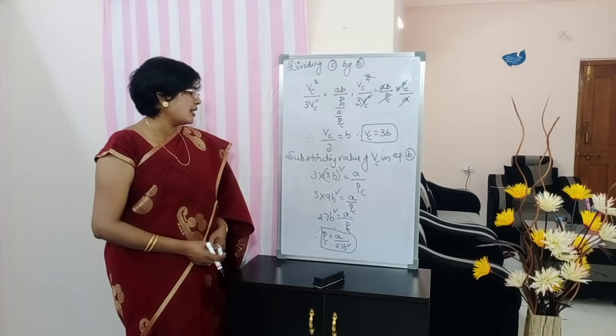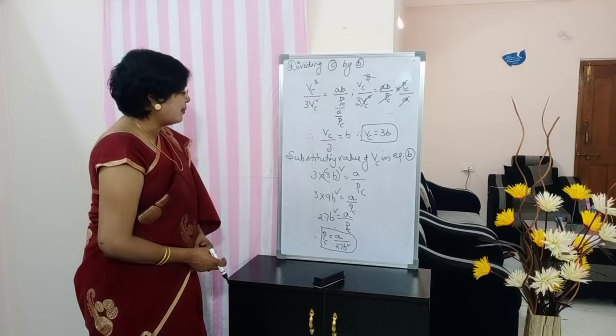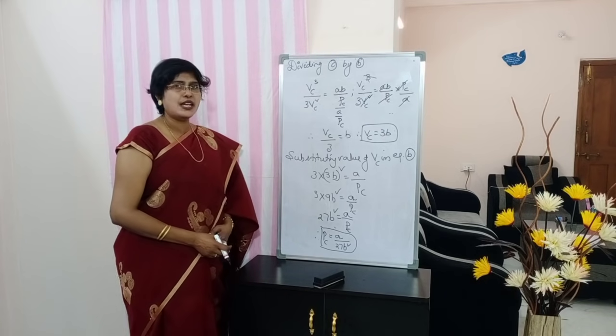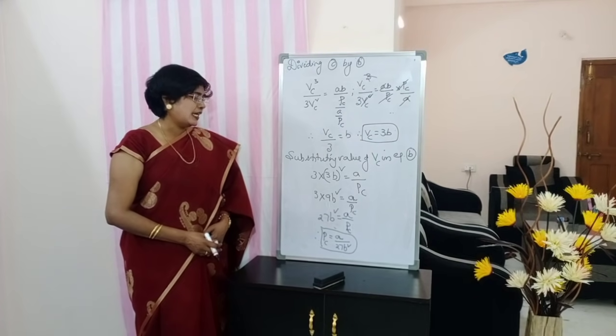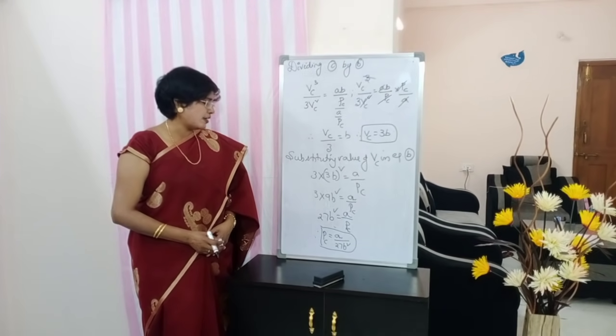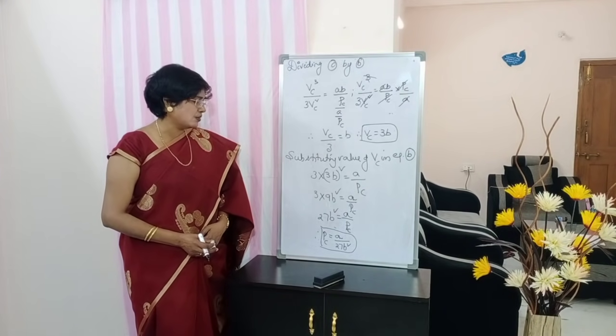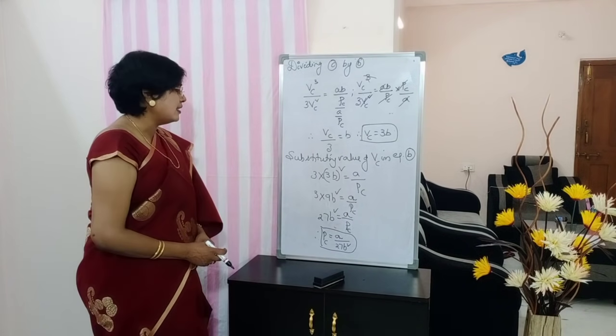So 3 into 9B square is equal to A by Pc. 3 into 9 how much? 27B square is equal to A by Pc. So therefore Pc will be equal to A by 27B square.